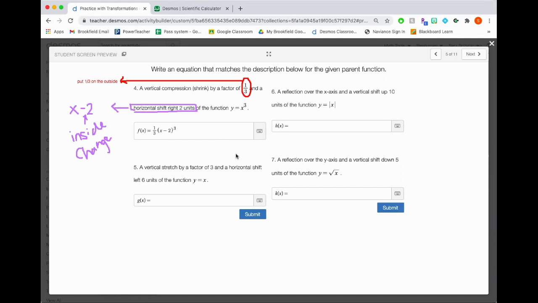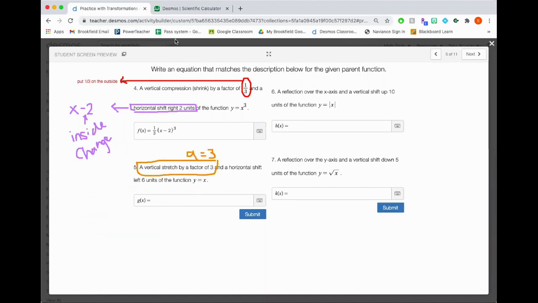There's no reflections here, so there's no negatives, there's no vertical shifts, so there's no plus or minus on the outside. We just have our horizontal shift right 2, which is represented right here by the x minus 2 in parentheses. Inside change.